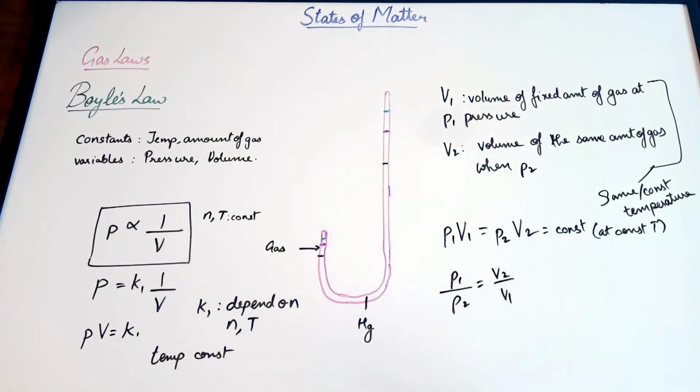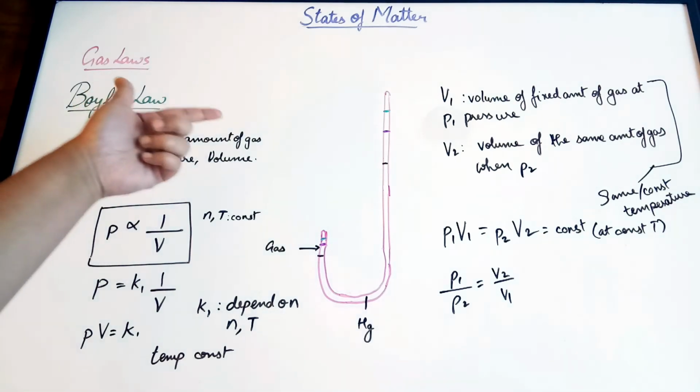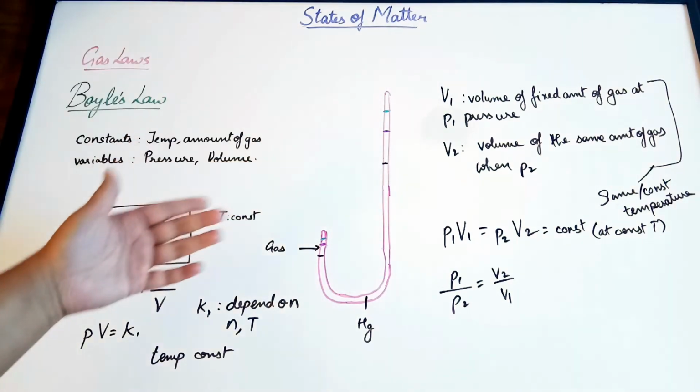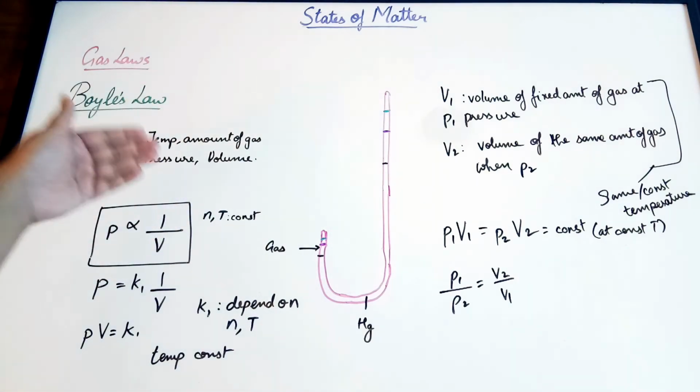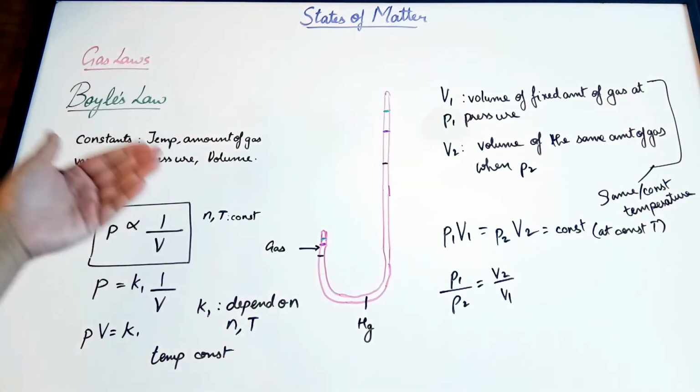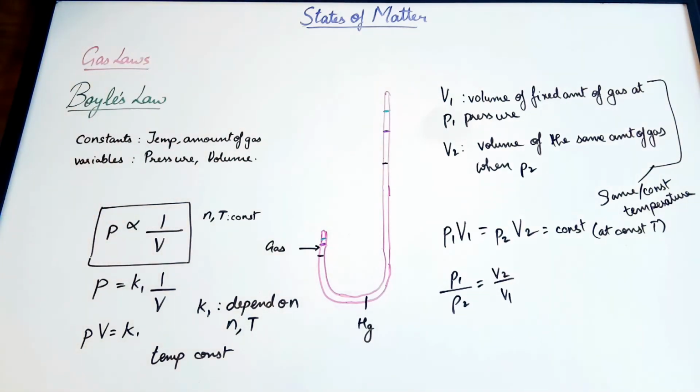So basically, when the volume of the gas is doubled, the pressure is reduced to half. And when it's tripled, the pressure is one-third. So this is Boyle's law. The first thing that we need to know is that the constants are temperature and the amount of gas. They both are fixed. The variables are pressure and volume. So Boyle's law is a relation between the pressure and the volume of a fixed amount of gas at a particular temperature.